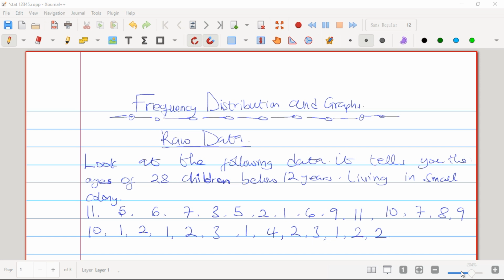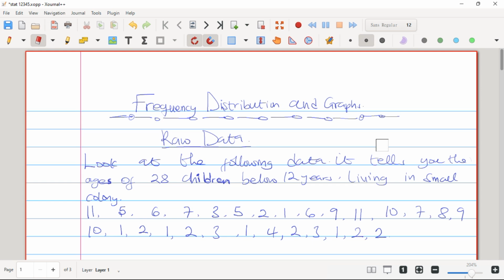Yes, so for one to be able to understand what is meant by frequency distribution, one has to be able to understand what is meant by raw data, right? So for instance, in a given study, you want to get individuals who are below 12 years, and the number of individuals or children that we want is 28 in total.